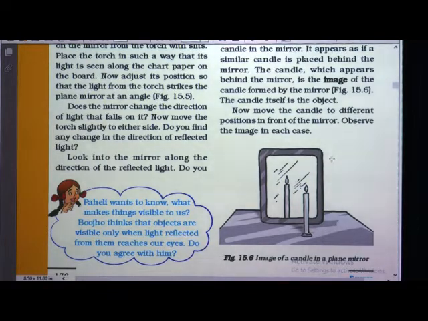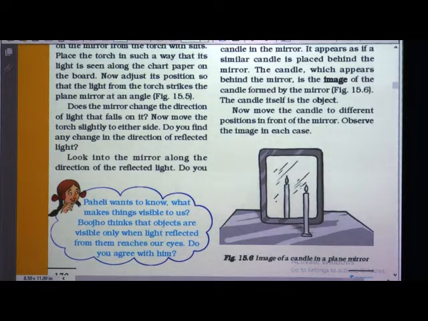You can move this candle to the right, to the left, or you can decrease the distance between the mirror and the candle, or you can increase the distance between the candle and the mirror. Each time you have to observe and note down which type of image you can see.